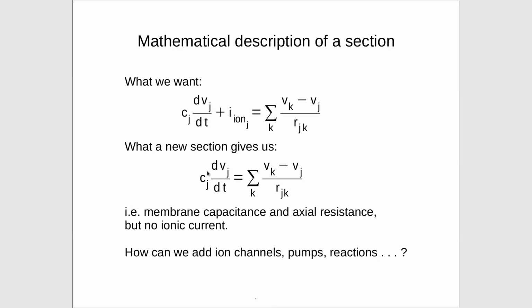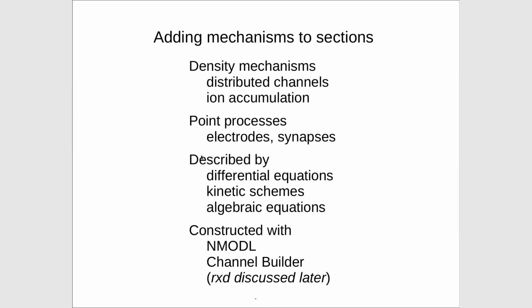And what a new section gives us is the cable equation for that particular compartment. And we don't have in our section anything else. We have just the membrane capacitance and axial resistance. There's no ionic current represented here. How do we add ion channels and pumps and reactions? Well, we do that.